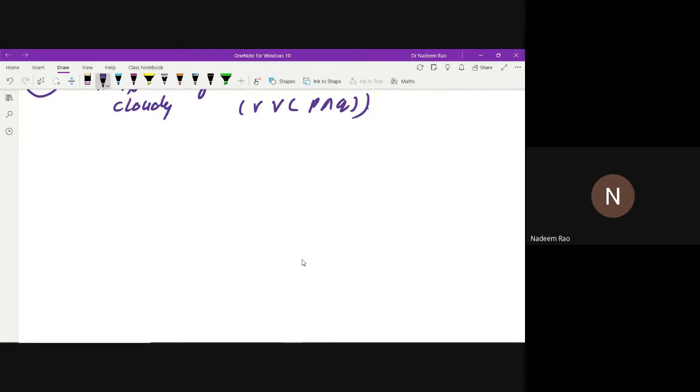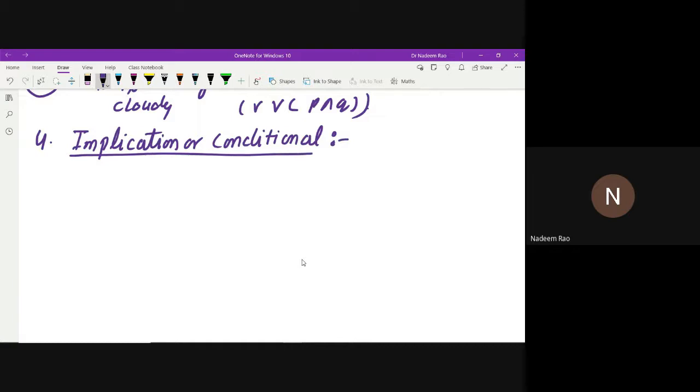Okay. Now we will move to the fourth one, connectives. That is implication, or we can say conditional connectives. Implication or conditional.